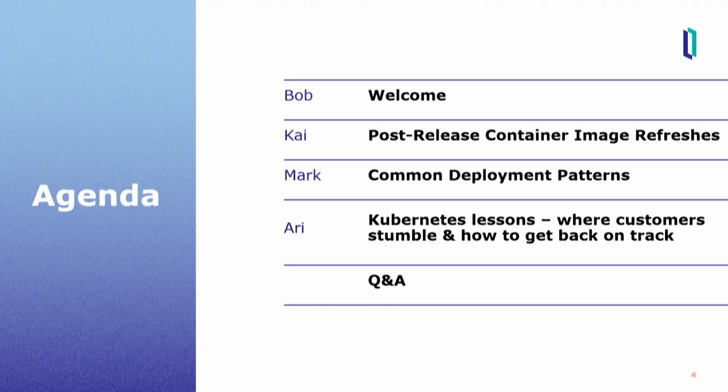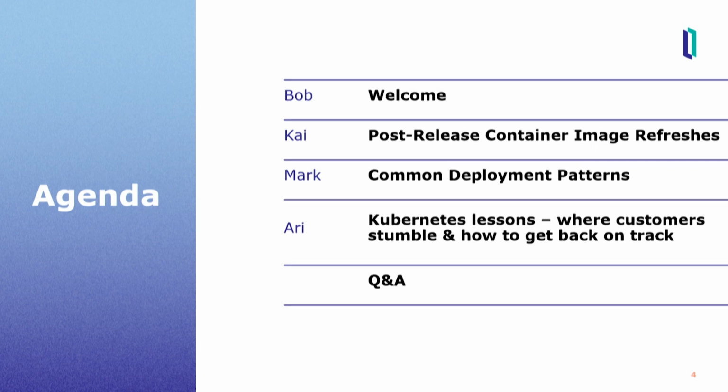So today we're going to be talking about a number of updates in the containers and Kubernetes world. Kai will be talking about the post-release container image refreshes. This is something we've been doing since January that we were waiting to announce until Summit. I'm very excited to announce this because I think it's going to make your lives easier for all of you who are using containers.